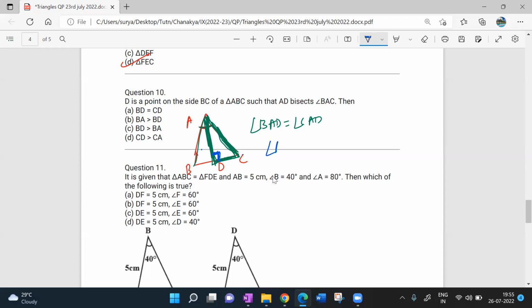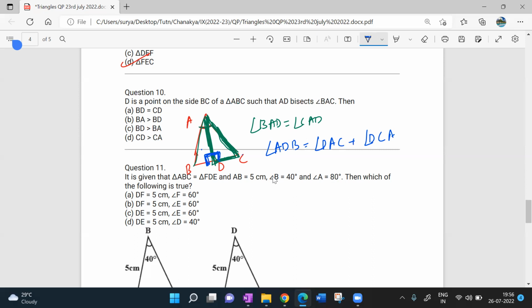This is very important actually. ADB, this one, ADB is equal to angle DAC plus angle DCA. Do you agree with my point? DAC is equal to DCA.